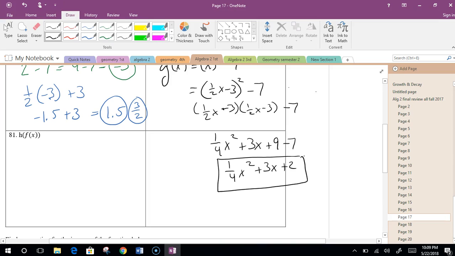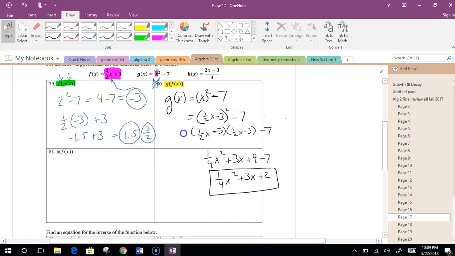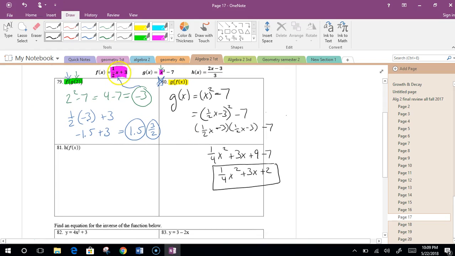And the nice thing is if you happen to get your h of f of x, well, that's not the worst thing in the world. That means you're going to plug the f equation, again we're working with the purple one, into that little spot in the h equation. So the h equation stays as is, 2, but instead of the x, we're going to plug in 1/2 x plus 3.